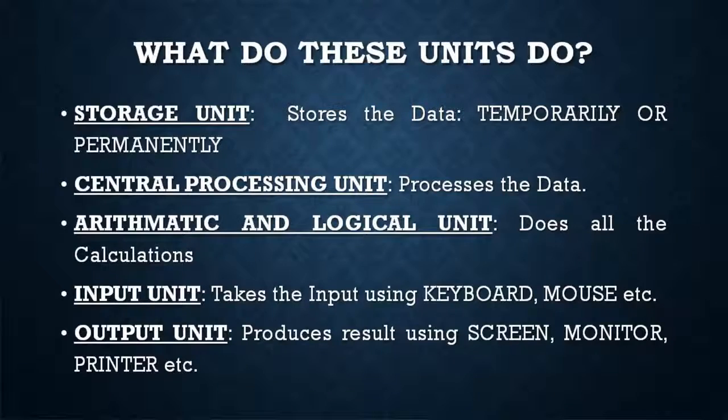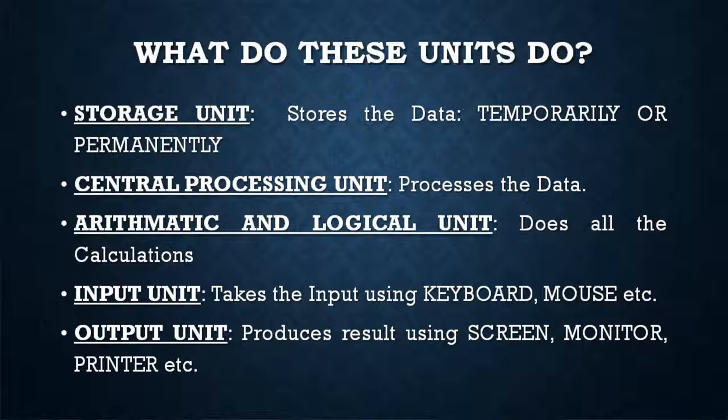Storage unit helps to store the data, which can be temporary or permanent depending upon the need. If certain calculations are still left and the result has not reached a final stage, then temporary storage is required, which goes into the primary unit. If the results are there and it needs to be stored permanently, it goes into the secondary unit.